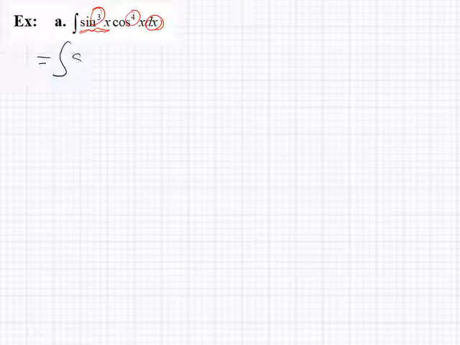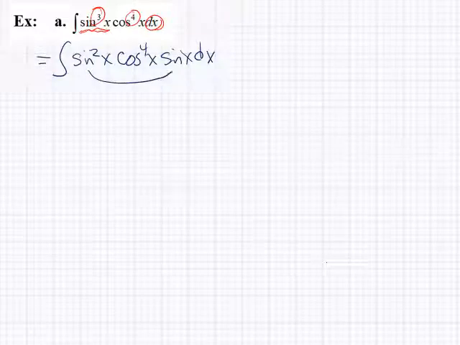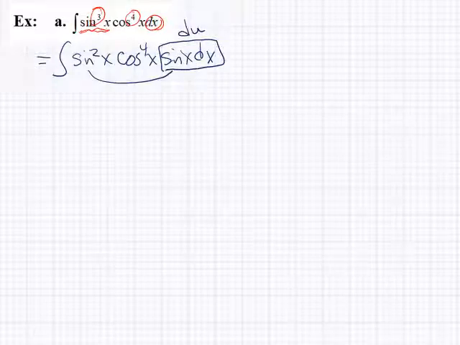Okay? So I'm going to rewrite this integral as sine squared x cosine to the 4th x times sine x dx. Still, sine squared and sine, that's sine cubed. This is no different. But I'm doing this so that this is being saved for my du. Well, if that's going to be my du, my u has to be cosine.